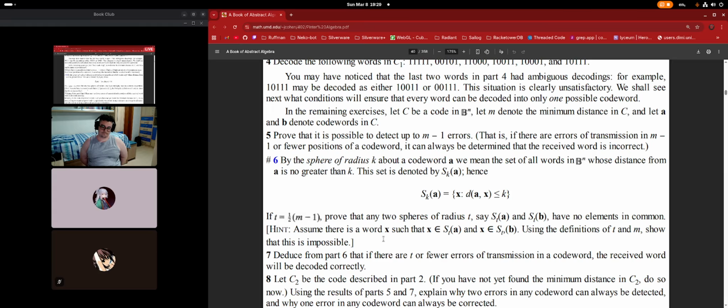Yes. Okay, so when you say overlap, you mean that you have an element that can be in both spheres at the same time. Yeah. But I'm basically just borrowing intuition from geometry here, to be honest.